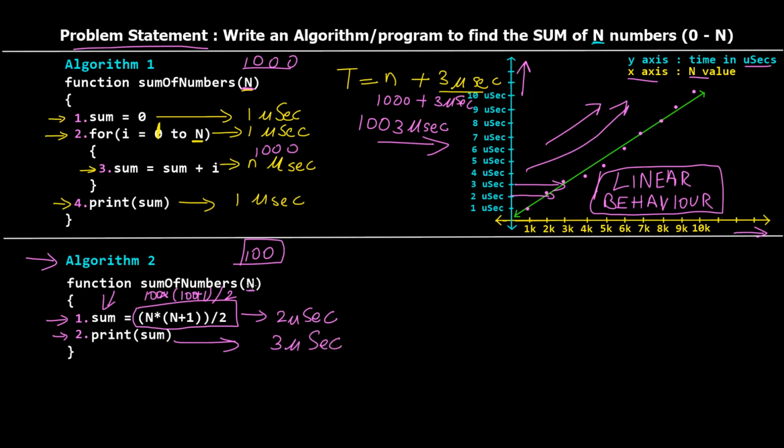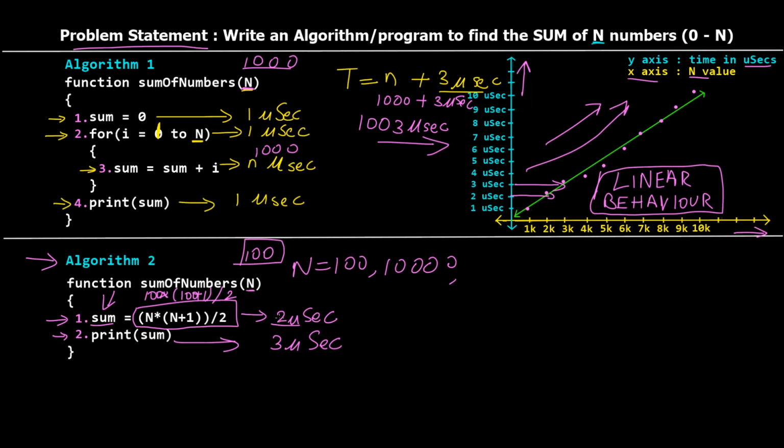No matter what input you provide, if n is 100 or 1000 or 10,000 or 1 lakh or whatever the value, this step is only going to take around 2 microseconds. I'm not saying it is going to take exactly 2 microseconds, but it won't take a lot of time.